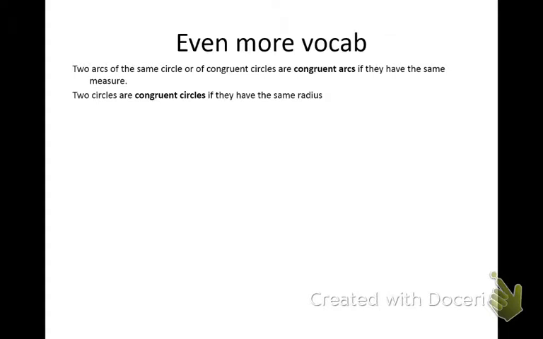Two circles are congruent circles if they have the same radius.